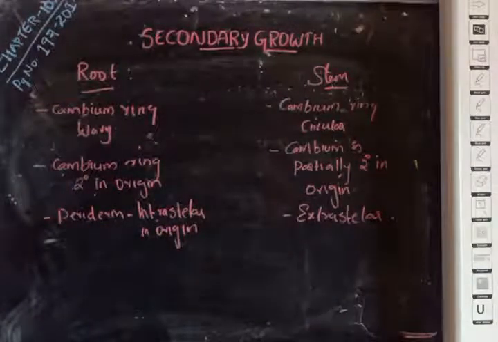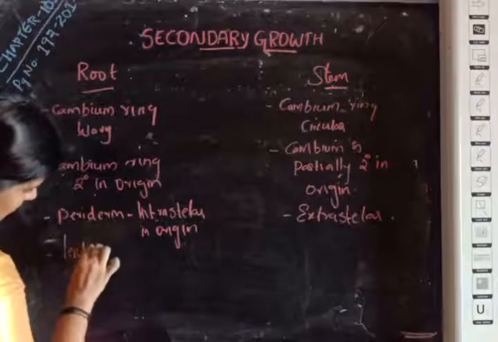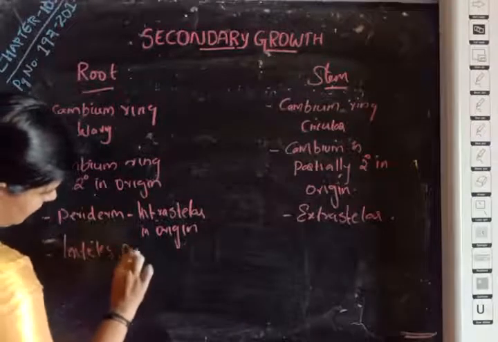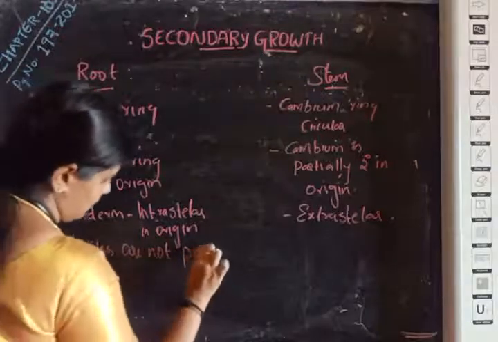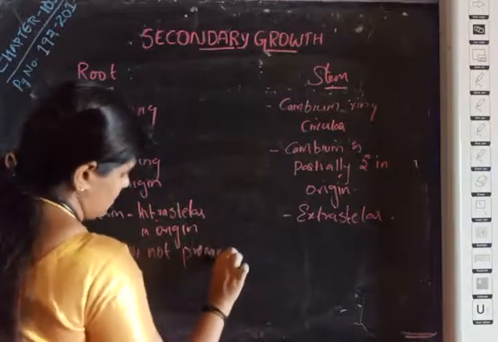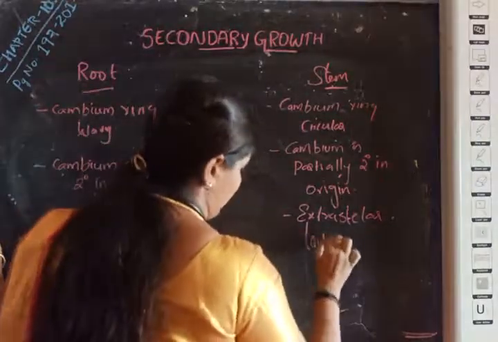Lastly, the lenticels are not very prominent in root, whereas lenticels are prominent in stem.